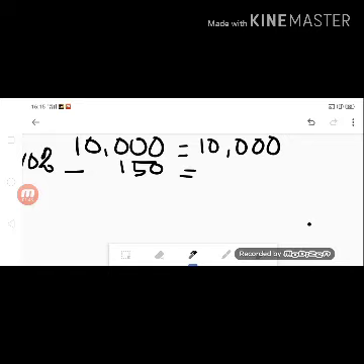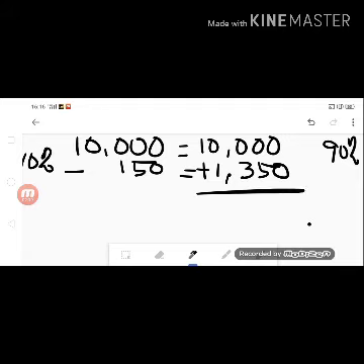When we buy 10% cash, the remaining 90% is using liability, which is accounts payable. The remaining 90% of 1,500 is actually 1,350. Why I put a plus sign here is because on the right hand side, our liability will increase by 1,350. Now the right hand side balance is 11,350.